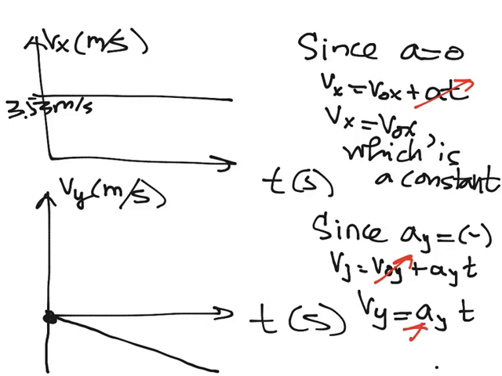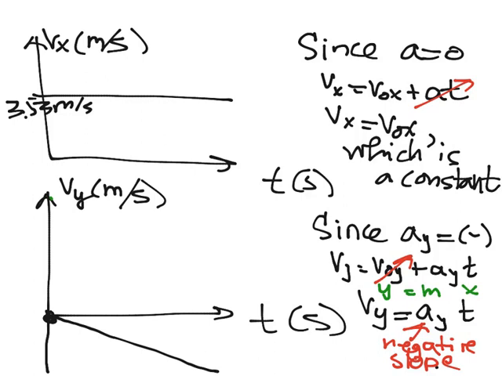Negative a means negative slope. Okay, because in terms of math, here Vy is playing the role of my y, my vertical on this graph. Ay is my m, t is my x. So like y equals mx plus b, and our b is equal to 0.